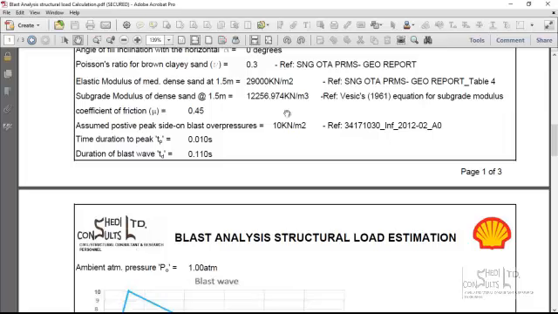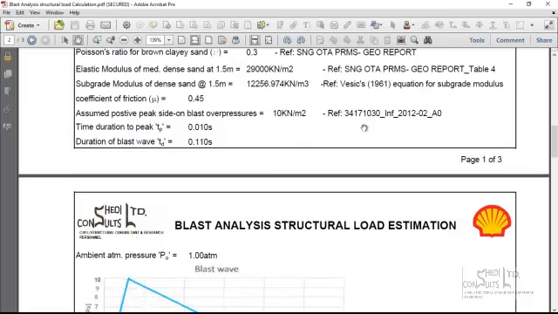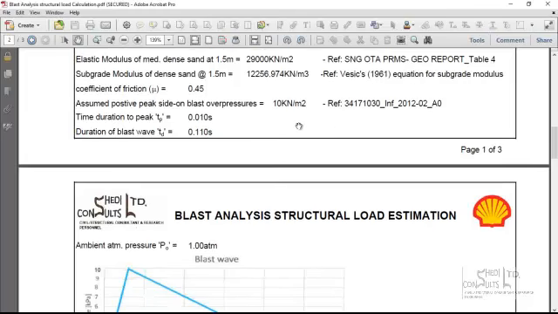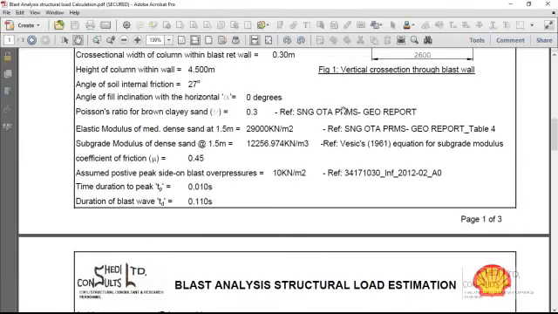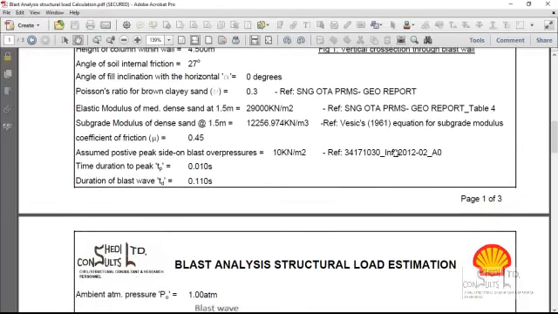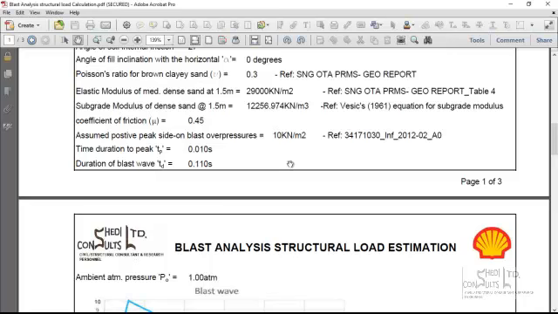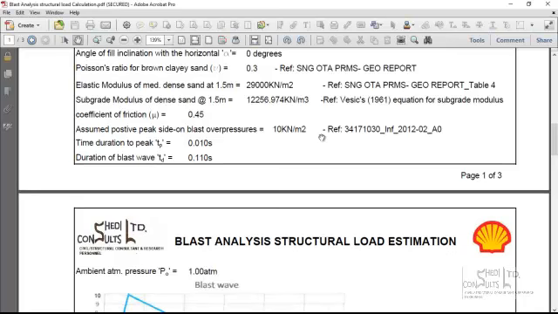The DEP provided a range of peak static overpressure between about 5 and 65 kilopascal. So 10 kilopascal was taken based on experience within that plant, because I have done an engineering design in that plant before, and this was taken as the peak side-on overpressure in the event of an explosion.